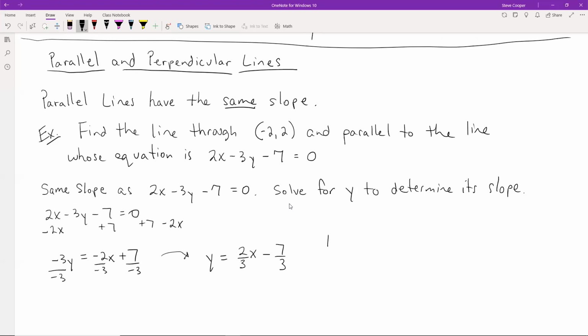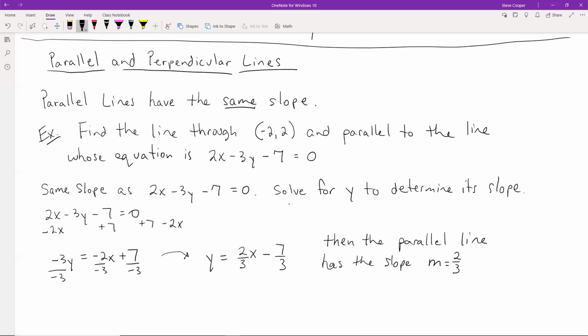Okay, so if I'm finding a line that's through this point and parallel to this line, then since we found this line's slope to be 2/3, the parallel line through this point has to also have the slope of 2/3.